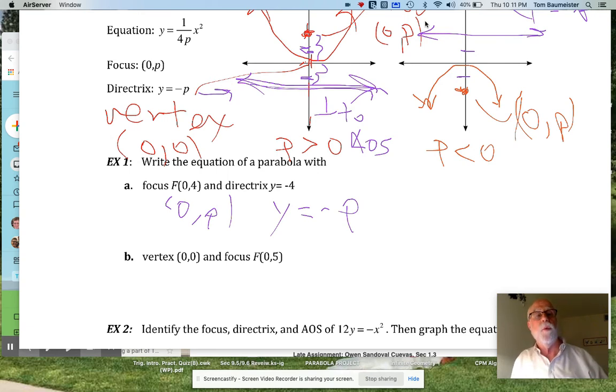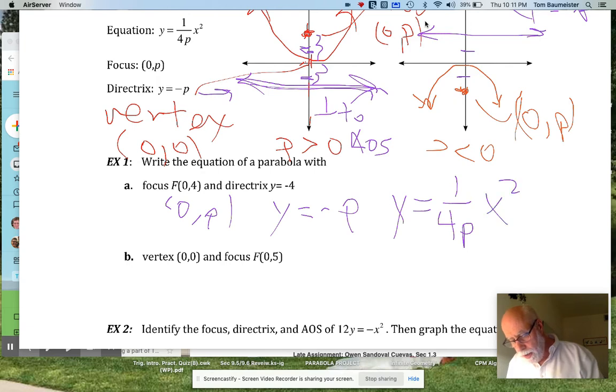formula there. So y is equal to 1 over 4p x squared. So on here, I'm going to say y is equal to 1 over 4p, and that's going to be x squared.